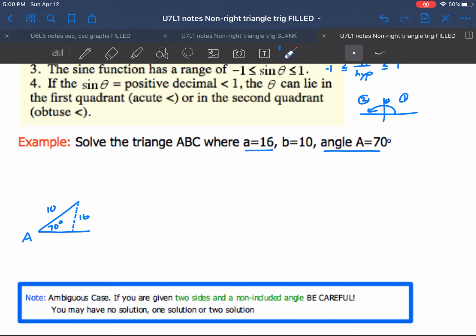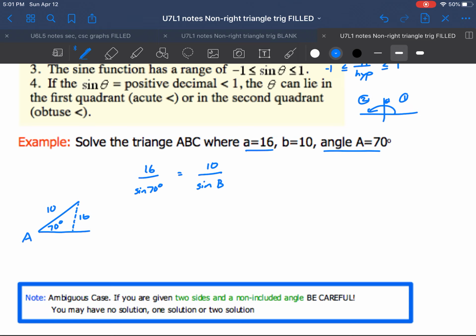What we could do is use the law of sines, right? And we could say that 16 over sine 70 is equal to 10 over sine B. This has to be angle B. Give me a second to work that out, guys.